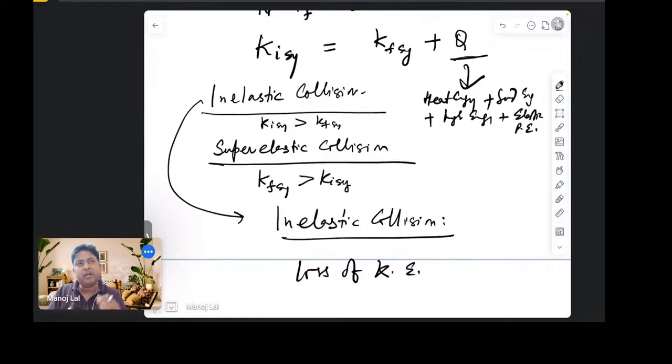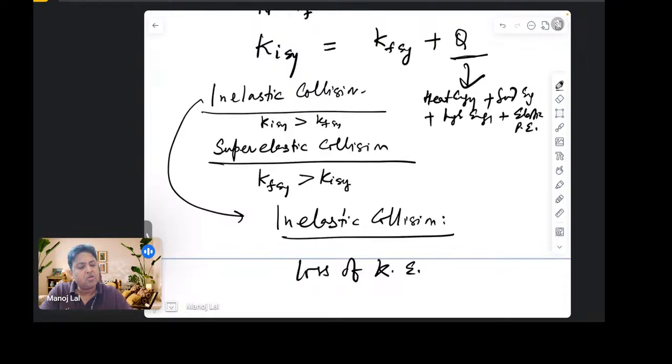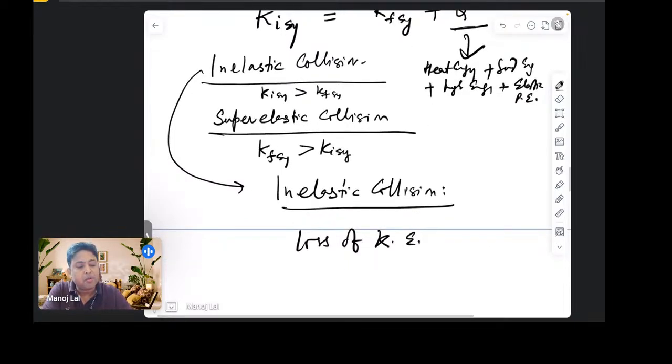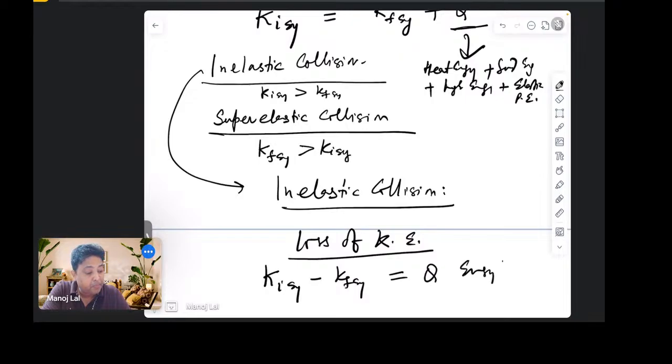Yes, it is possible, but generally a particle deviates from the initial path, because when it comes closer, a large repulsive force acts and it deviates. So in inelastic collision, there is loss of kinetic energy, and K initial of the system minus K final of the system is equal to Q, the energy loss.